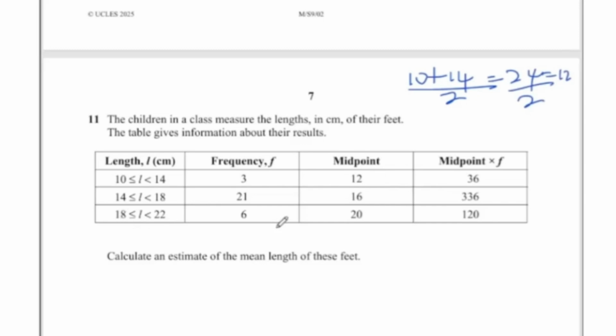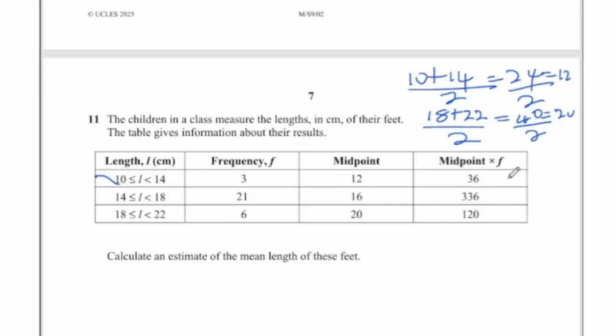To get 20, we do 18 plus 22 divided by 2, which gives us 40 over 2, which is 20. So basically, we are just adding the lower class limit to the upper class limit, and when we divide by 2, we get the center.